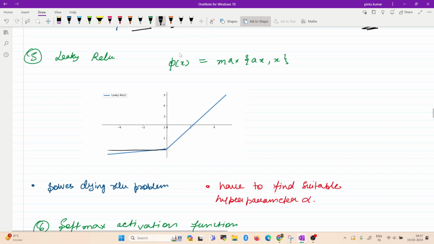Now what you do is you just take a very small a, and for the negative part, you define this to be a of x, where a is very, very small. Okay, so this is alpha of x or a of x. Many people use alpha, many people use a. Okay, so now first problem that you have been able to solve is this dying ReLU problem.